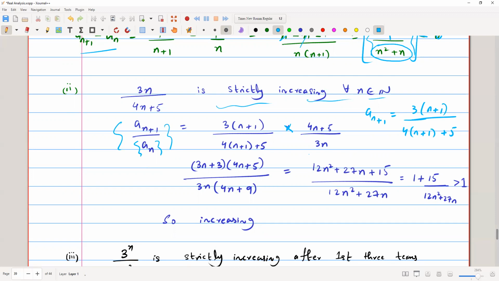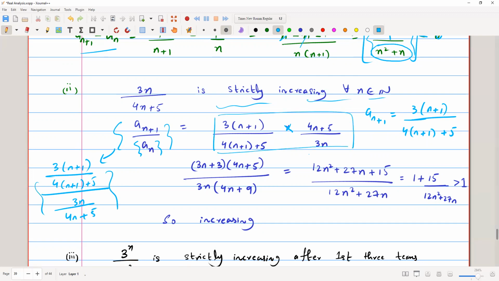I'm excluding one step and have written it here directly. So I can write it as 3 times n plus 1 over 4 times n plus 1 plus 5, whole divided by 3n over 4n plus 5. So this whole thing I can write in this way also, right?